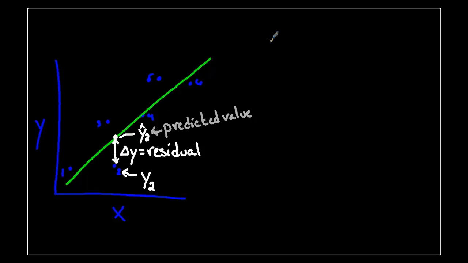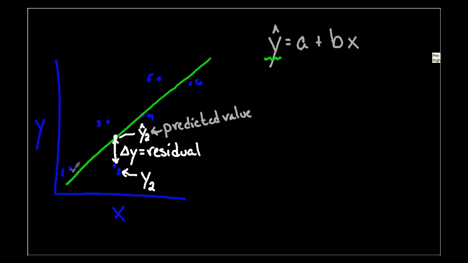My best fit line, I would probably write as y hat, the predicted y value, equals a plus bx. This is the equation of a linear relationship where the y hat is the predicted value. Each of these data points, every data point that we have here, has a predicted value and therefore has a residual.